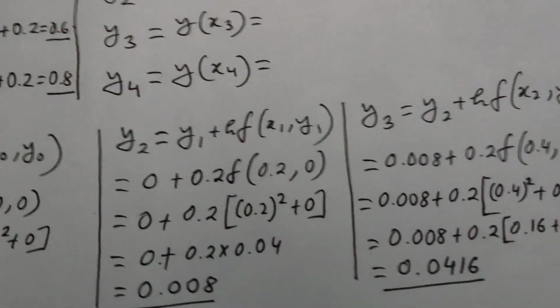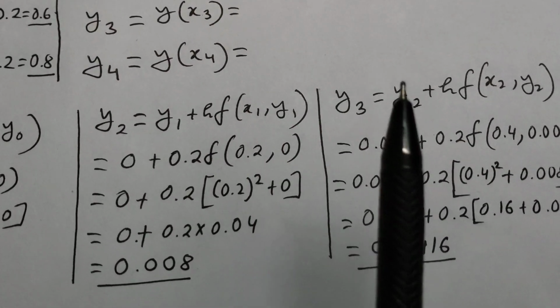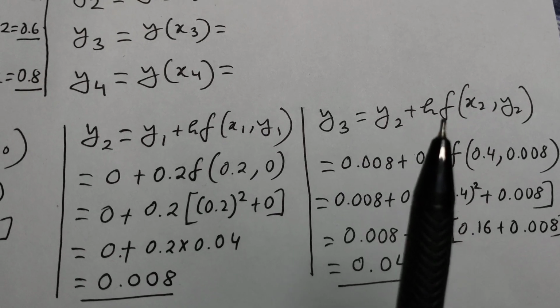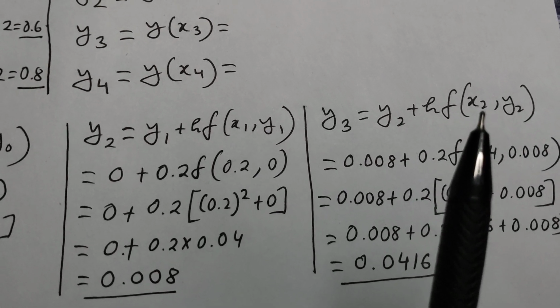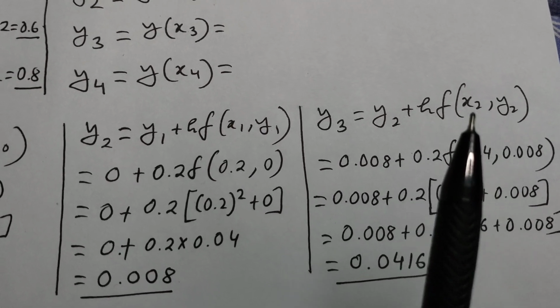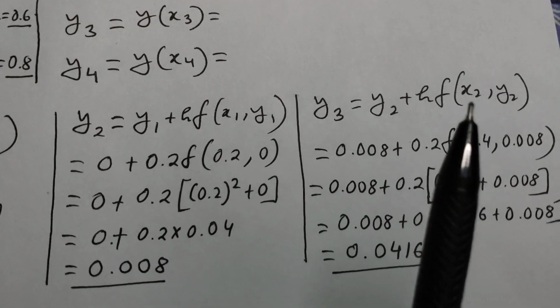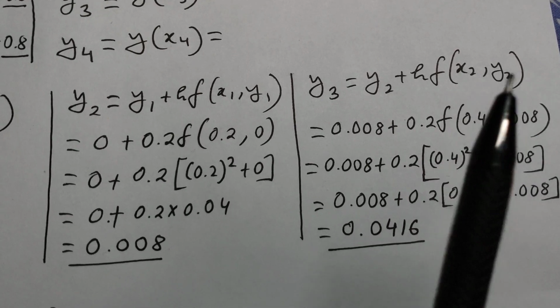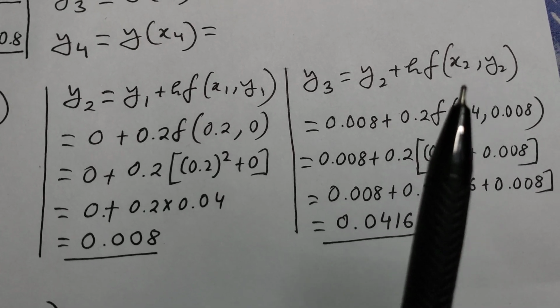Now y3. For y3, according to Euler's formula it will be y3 minus 1, that is y2, plus h f(x3 minus 1, y3 minus 1), that means x2, y2, right? Now put the value of y2, x2, h and x2.